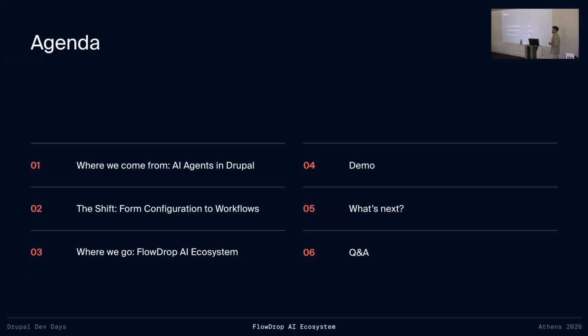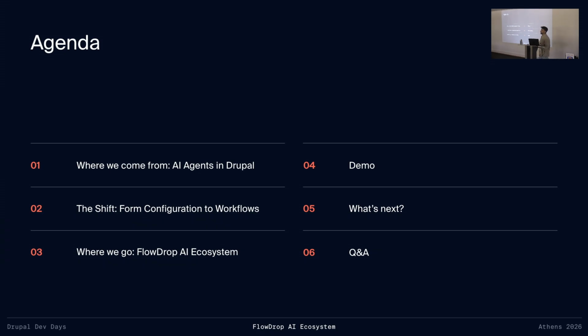So here is the agenda that I have prepared for today's session. I would like to go through these 6 topics. We will start with where we come from with AI agents in Drupal. We will see the shift from form configuration into workflows, where we go with the Flowdrop AI ecosystem.